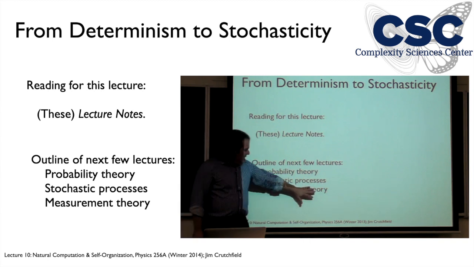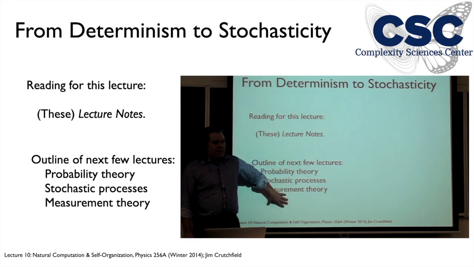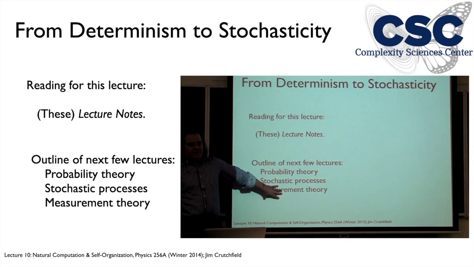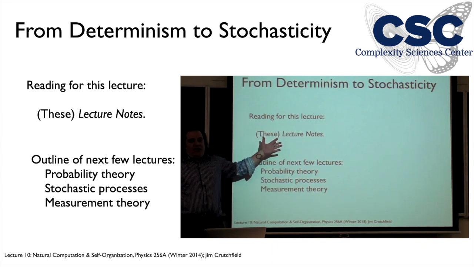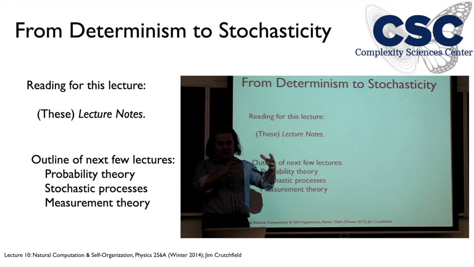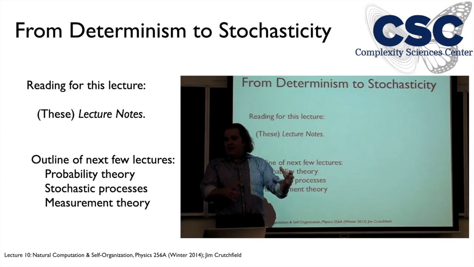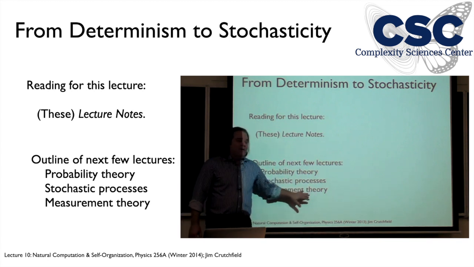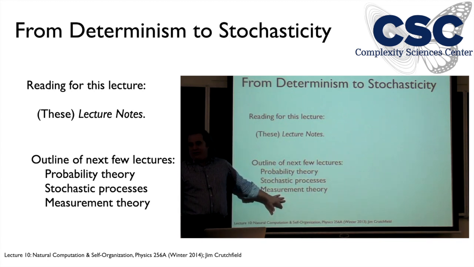And then sort of the final step in this is to acknowledge the fact that our view of the world, the way we interact with it, is always mediated through some sensory apparatus or through some instrument in an experiment. So we'll introduce ideas of measurement theory, which are important. Why do that?